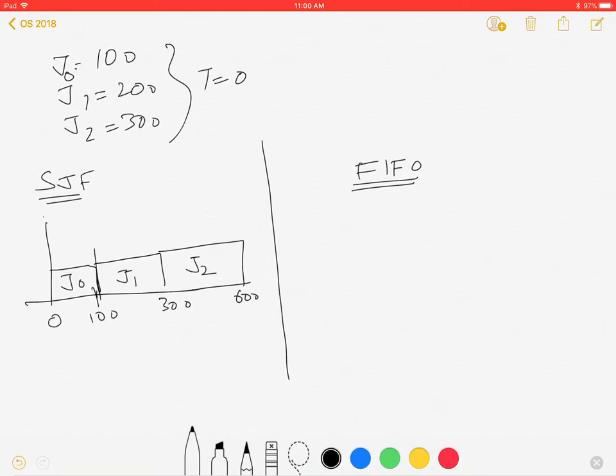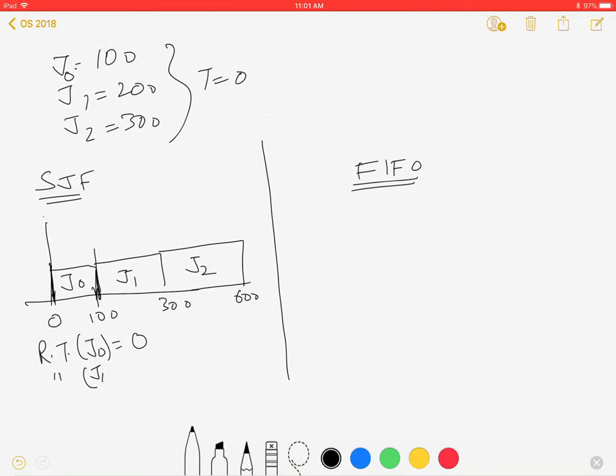Now for calculating the response time, we look at the time from when the process arrived to the time it was first run. So response time for J0 is 0 because it came in at 0 and it started executing then. J1 came in at 0 but executed for the first time at t equal to 100.